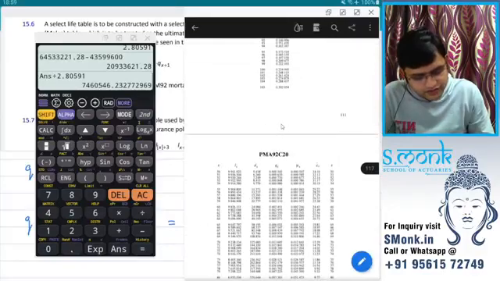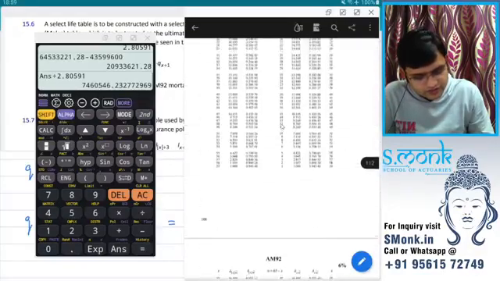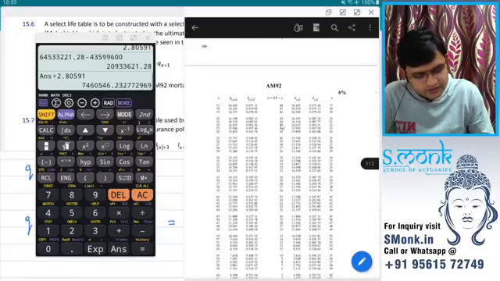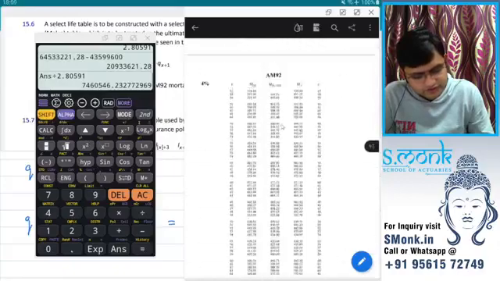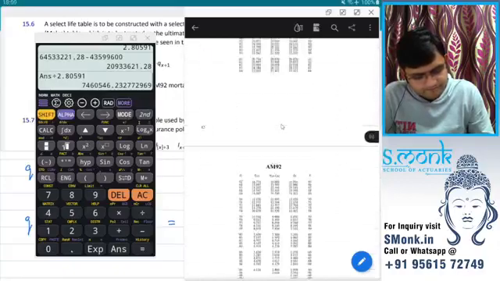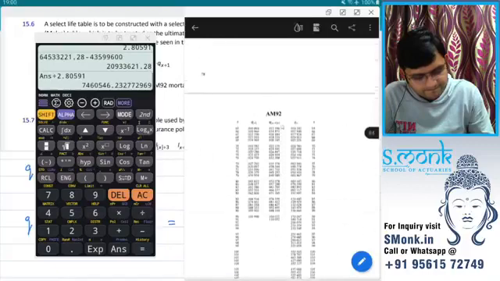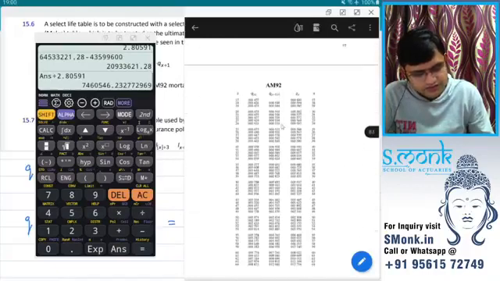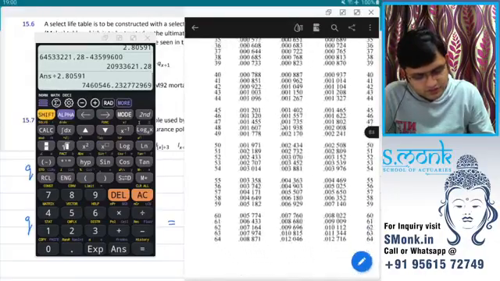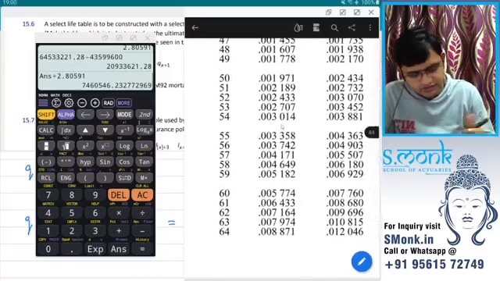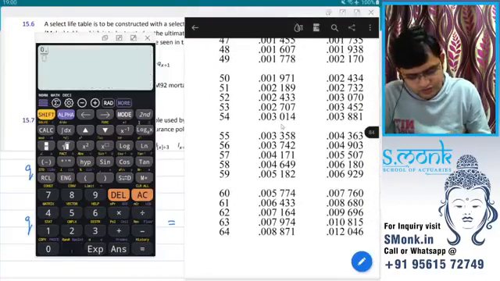From the AM92 table we want Q values, select 60 and select 60 plus 1. So select 60 is going to be 0.00577 and select 60 plus 1 would be 0.00868.